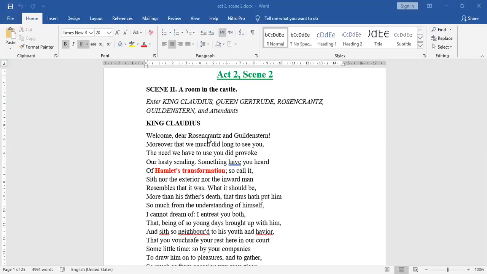And then in the second part, the Danish ambassadors will come to inform Claudius the king that Fortinbras, you remember him from Act 1, the young prince of Norway who was threatening to invade Denmark to get revenge for the death and killing of his father, nephew of the King of Norway, will not invade Denmark.